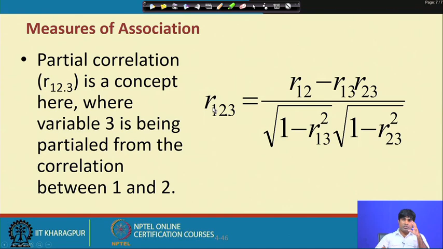So the partial correlation coefficient structure is we are connecting two variables with a third variable as a kind of interactive structure.